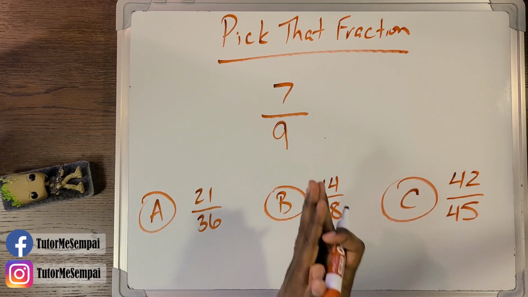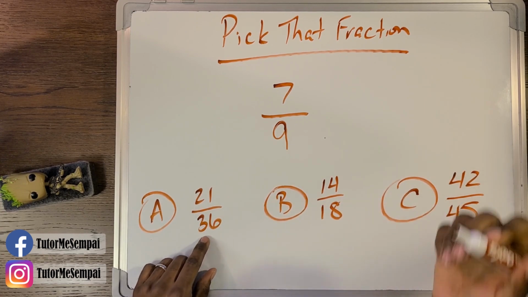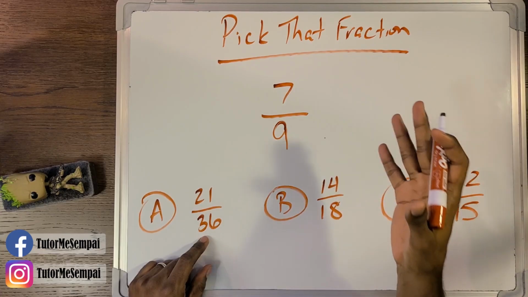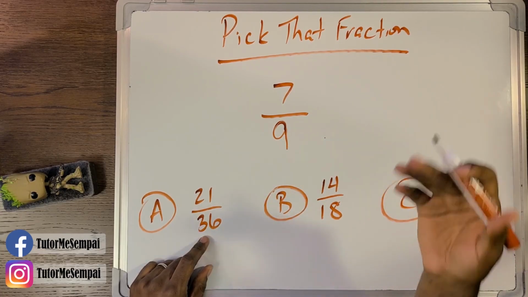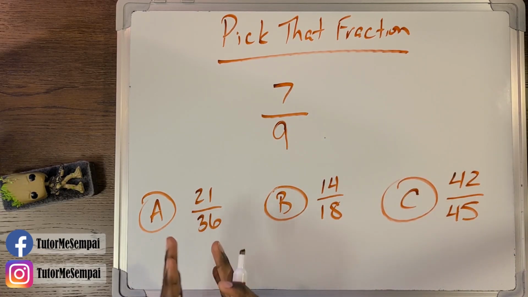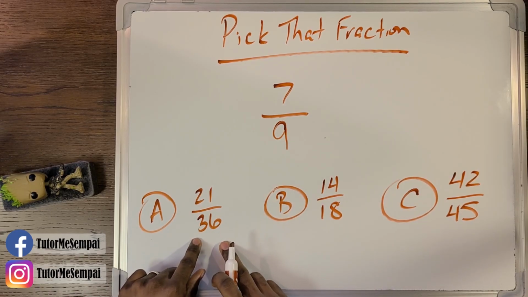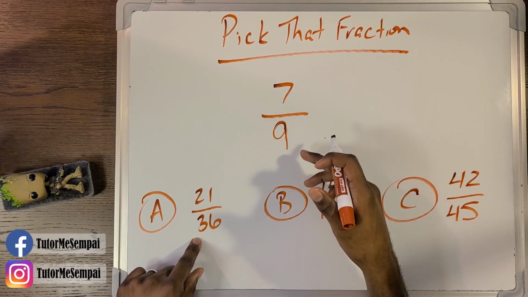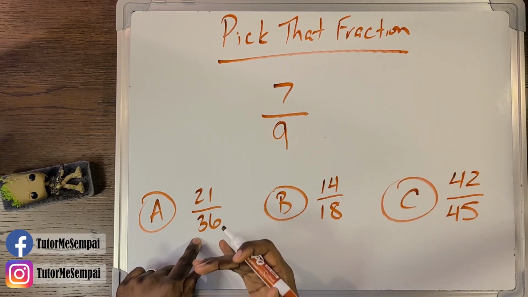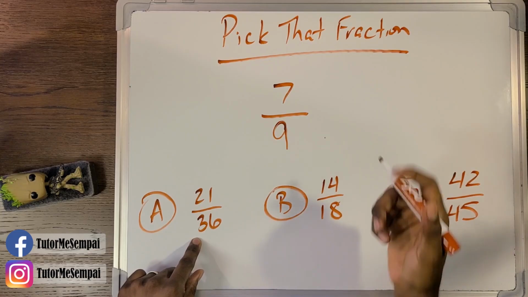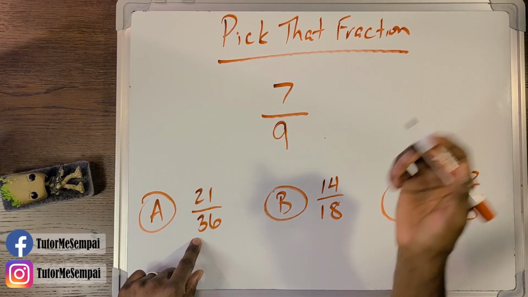Remember, whenever you're making an equivalent fraction, we want to multiply the top and bottom by the same number. If we do that and we get the resulting fraction, it should be an equivalent fraction. So let's start with A. If we were to multiply 9 by something to get 36, is that something also going to be in the top? So let's figure it out.